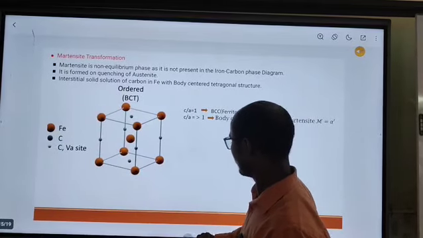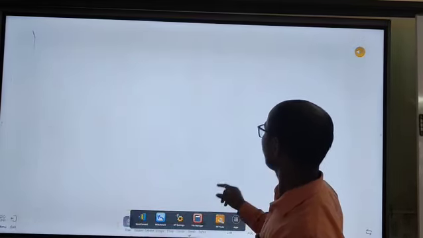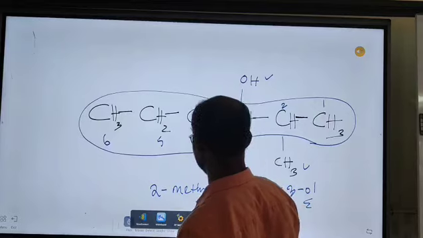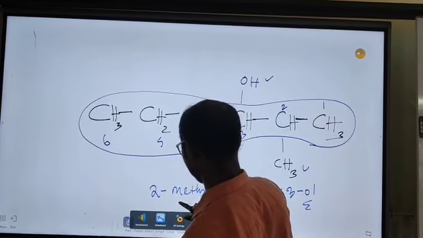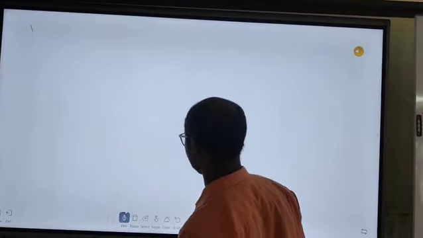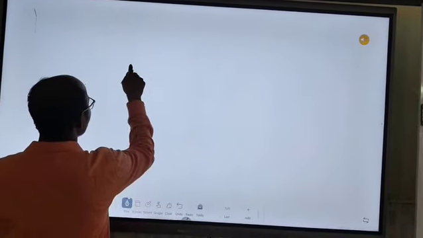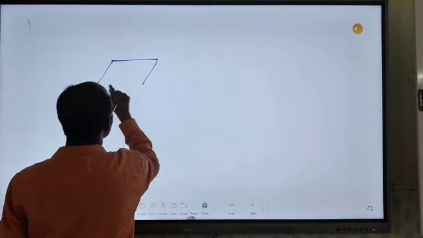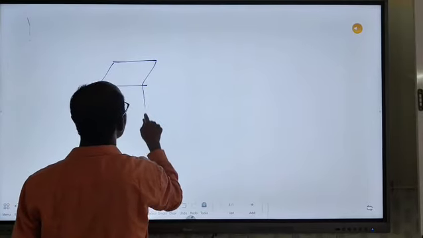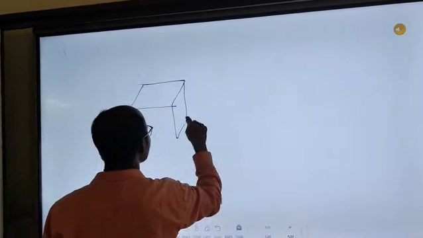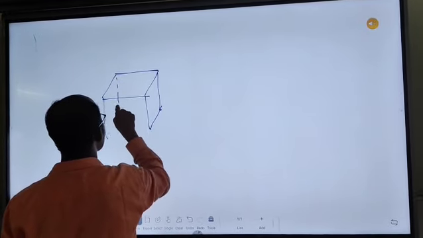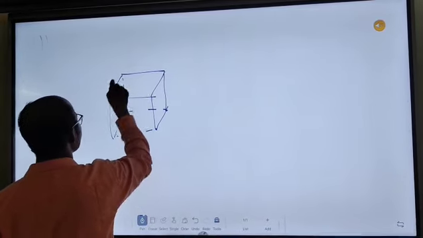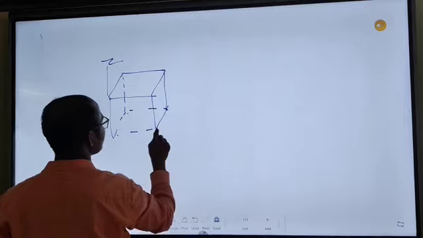Let's go to the whiteboard. This is C, the Z axis, this is the X axis, and this is the Y axis.